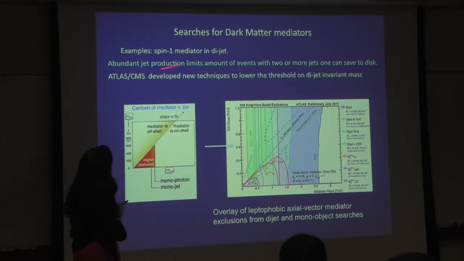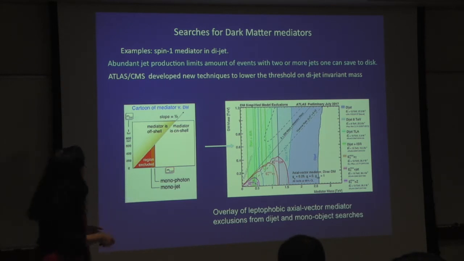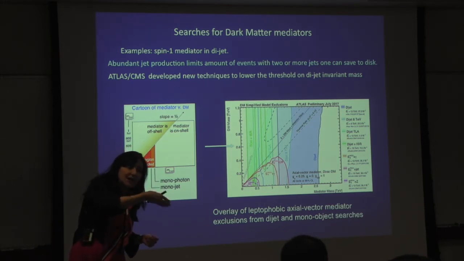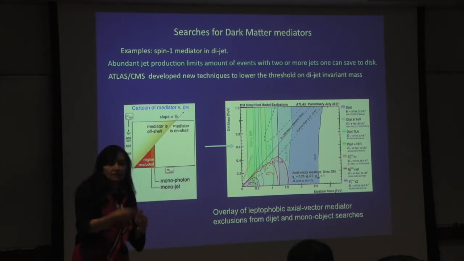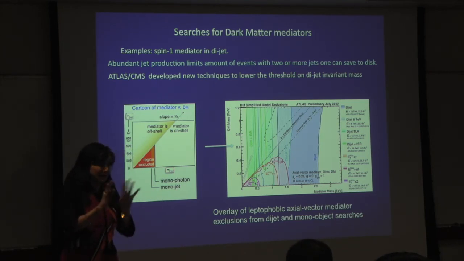Because the problem is that there are so many jets at the LHC that it's very hard to keep them on tape. Events with 2 or more jets, we cannot save all on disk, so we have to think about more intelligent ways to look at low dijet mass distributions. Now there are new techniques that have to do with boosted jets, with ways of only getting partial information. I don't know much about it, but I have read about it, and they are very, very cute.